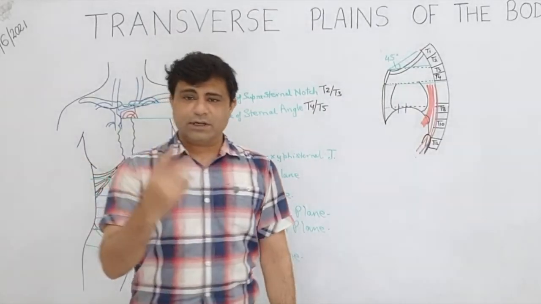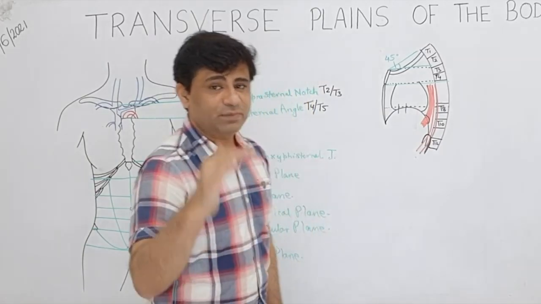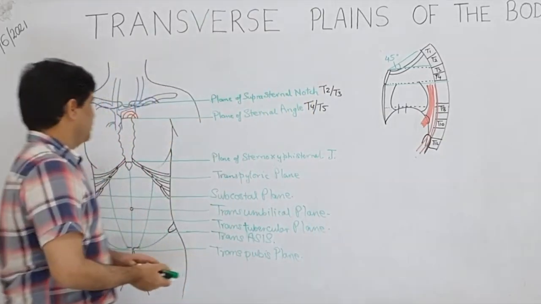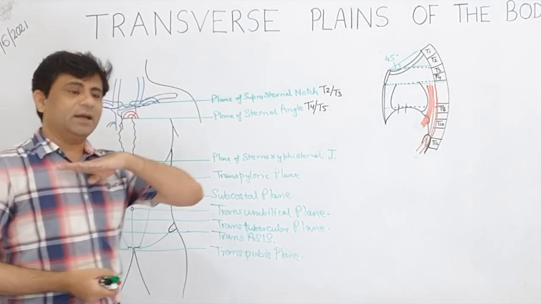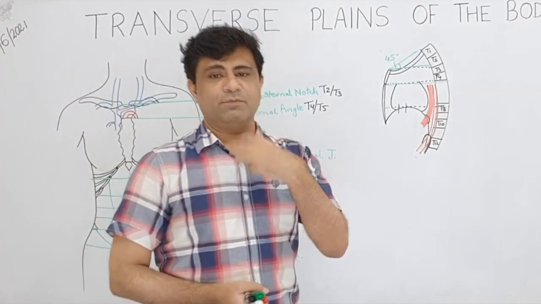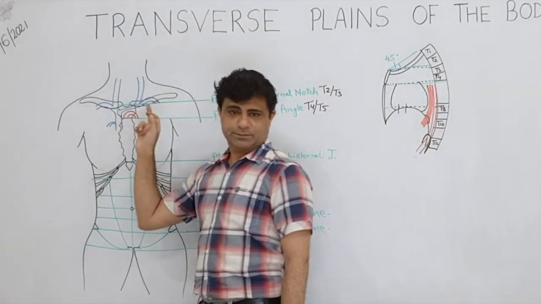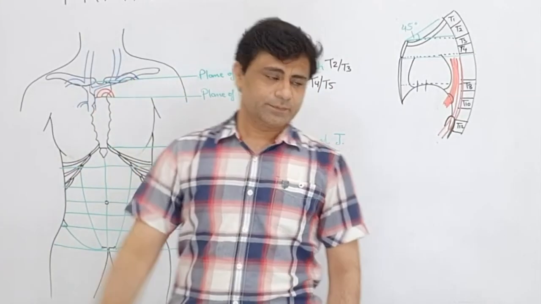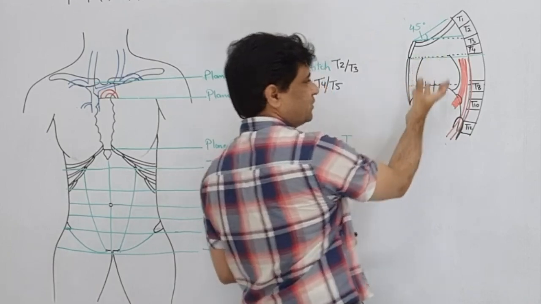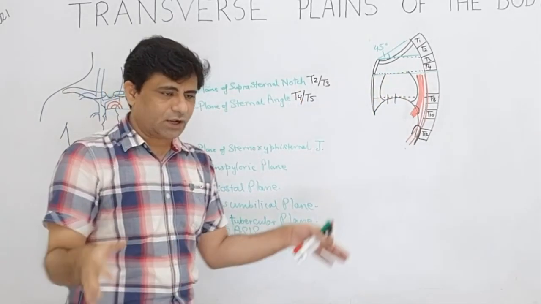So arch of aorta, T4, just behind the lower portion of the manubrium. What lies immediately behind the upper portion of the manubrium? Left brachiocephalic vein. Okay. As you see, this pericardium is conical.